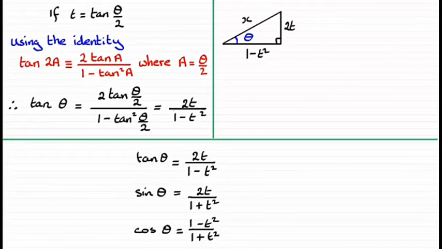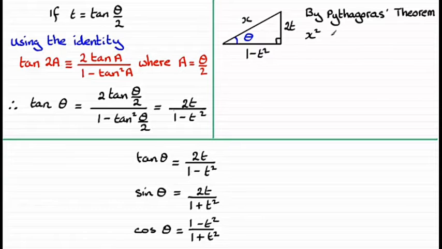And we can work that out, obviously, by using Pythagoras' theorem. We know that the hypotenuse squared is equal to the sum of the squares of the other two shorter sides. So that's all of 2t squared plus 1 minus t squared, all squared.